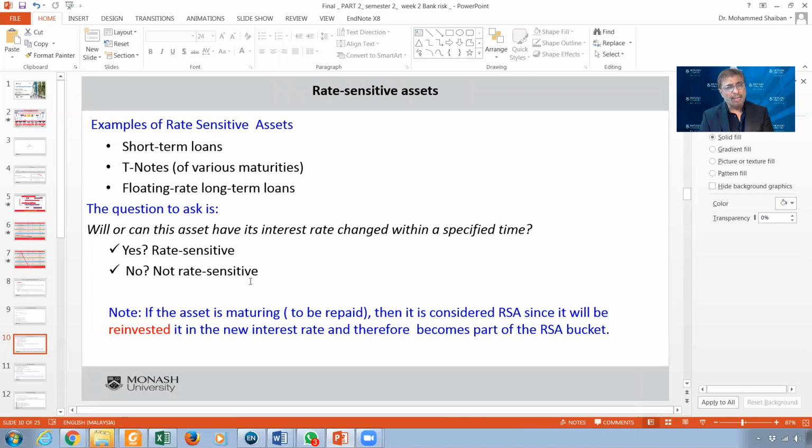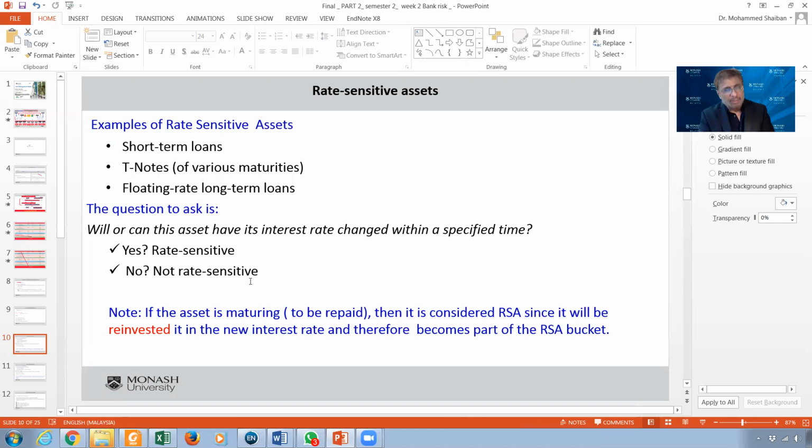Fine. What if I have a loan that will end in 2 years and it is fixed, and I'm trying to calculate those 2 years' risk-sensitive dollar gap? If I put this in a horizon, when it matures, then it becomes a risk-sensitive asset or liability, because when it matures it ends.